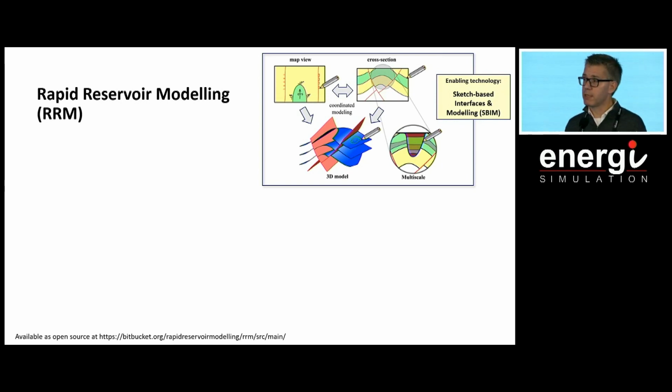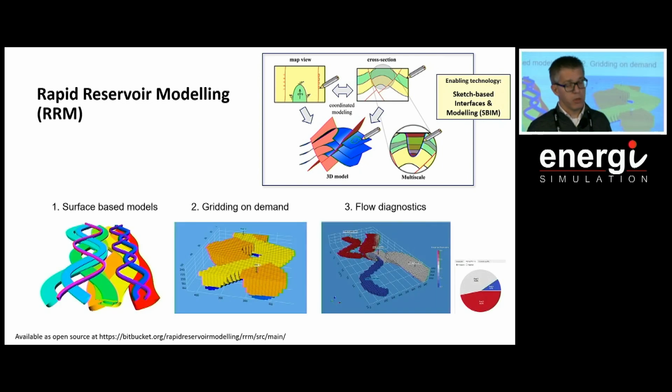We use something called sketch-based interface modeling, which has been around in computer science for over 20 years. This technology takes two-dimensional sketches and the information from these sketches to obey geological rules to build a 3D model. So the geological models that we build are simply descriptions of surfaces. These surfaces then define the geological heterogeneity.